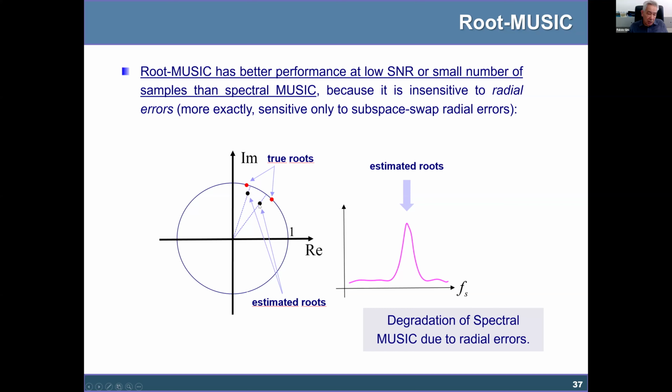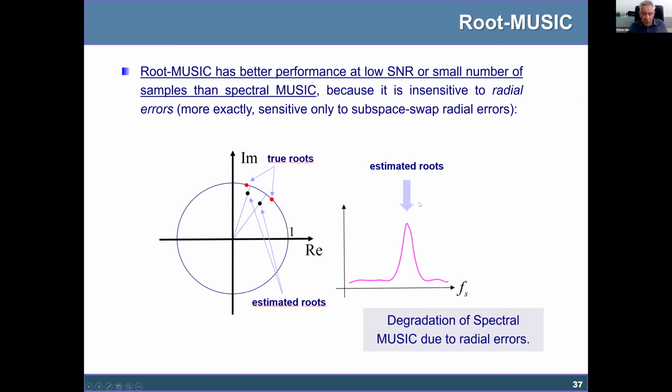Root music relies for its estimate only on the phase, so it is mostly unaffected by an error in the modulo. Instead, spectral music is affected by an error in the modulo, because the farther the root is from the unit circle, the more the pseudospectrum broadens.